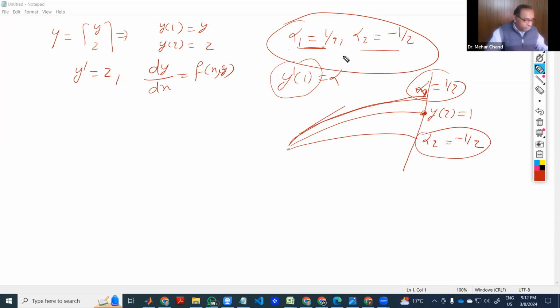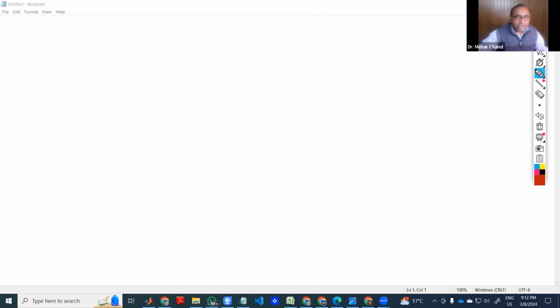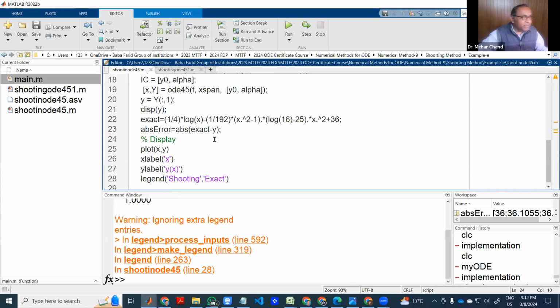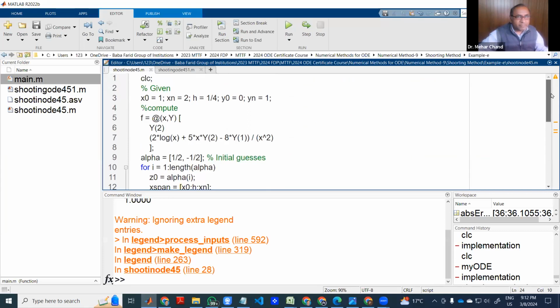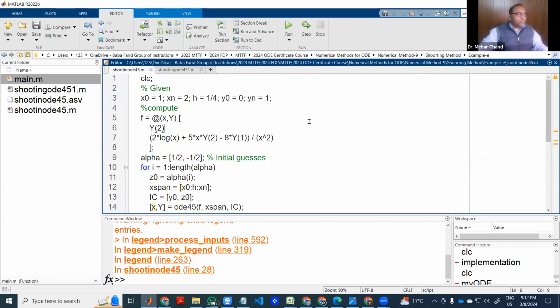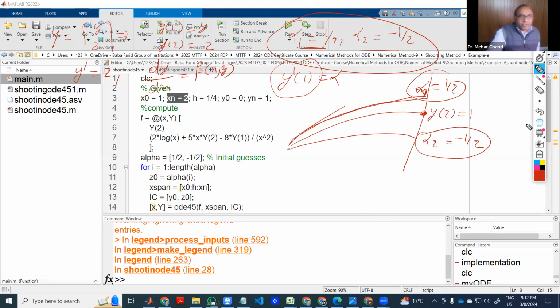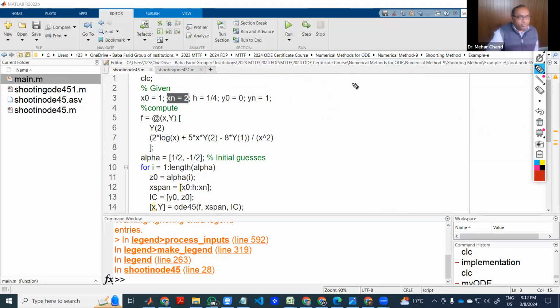Now we will start with MATLAB, and then step by step we will discuss everything. I have prepared the script file completely. So what we are doing here, these are the initial values. You can see x naught is equal to 1 and xn is equal to 2. In our problem, we are given the interval 1 to 2.